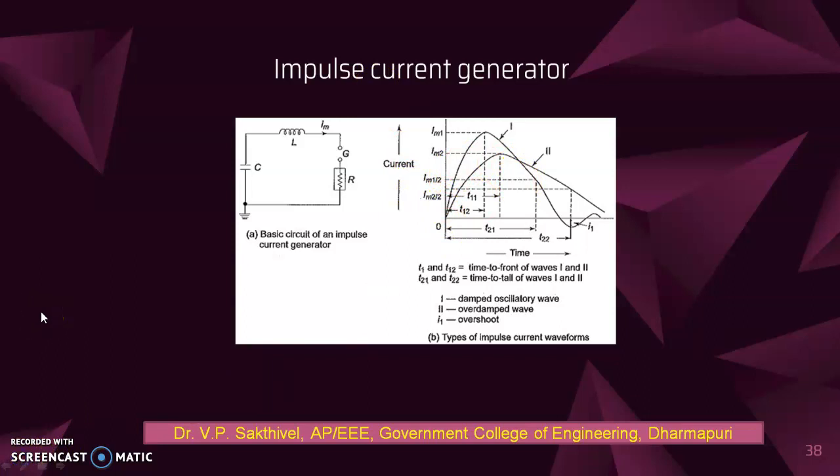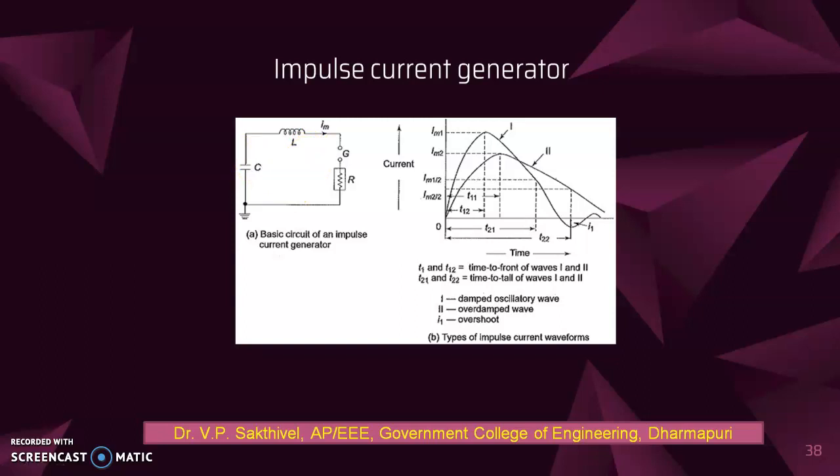In order to produce high impulse current, a bank of capacitors is connected in parallel and charged to a specified value and then discharged into the RL circuit. Here C represents the bank of capacitors connected in parallel.